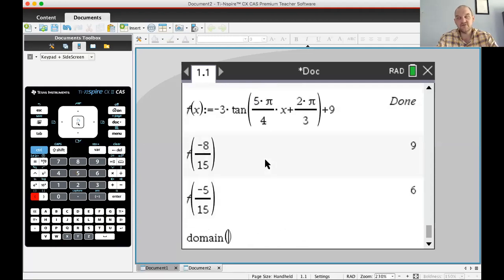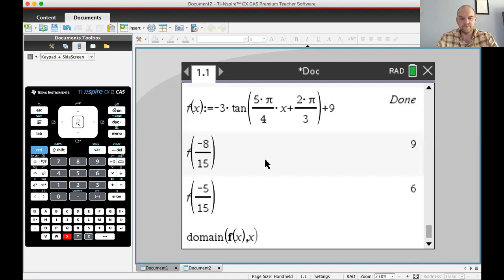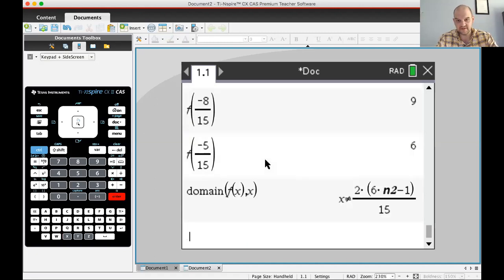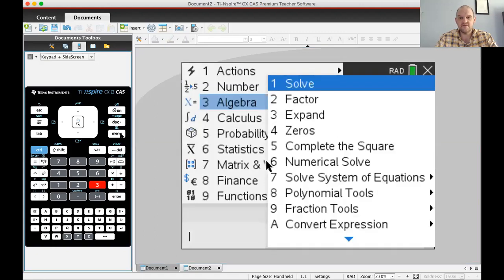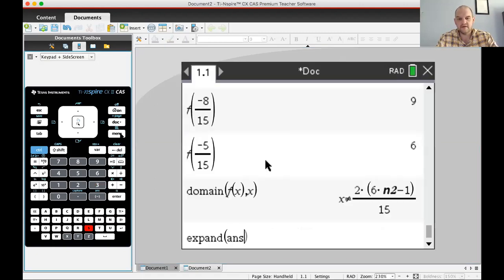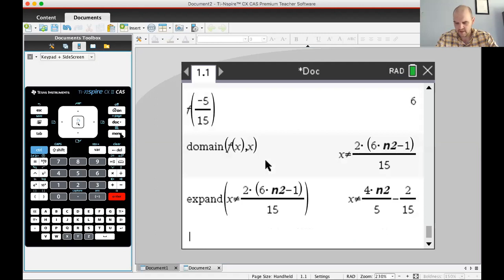Generally speaking, if you get two of them right and the domain is right, you're probably going to get it right. But that's a very general thing. I'm going to expand this. Expand is actually menu 3, 3, but I usually just type it. So negative 2 pi over 5?